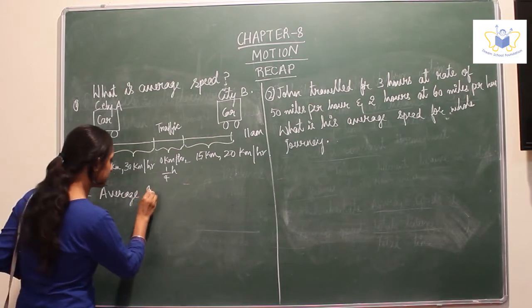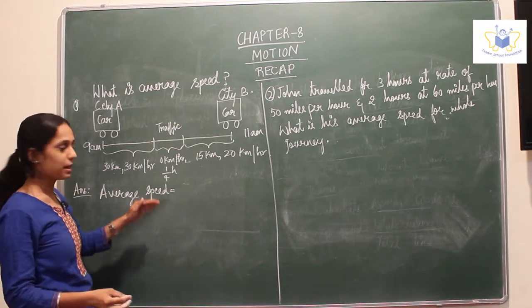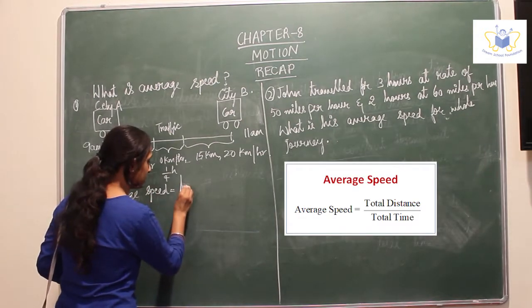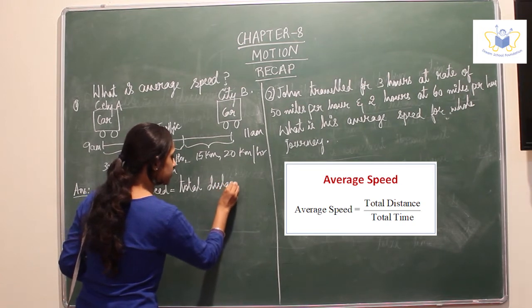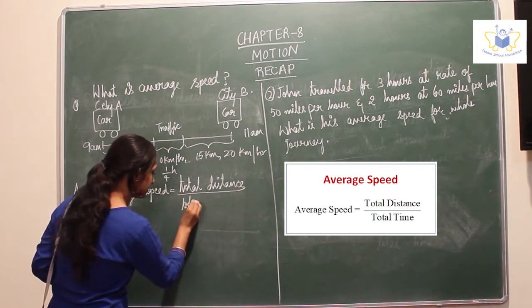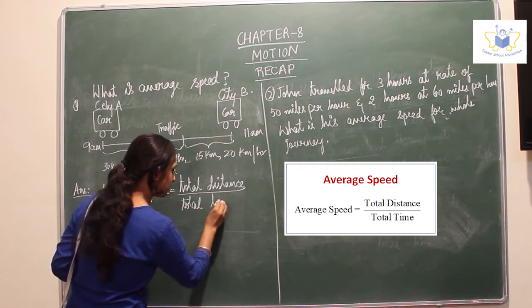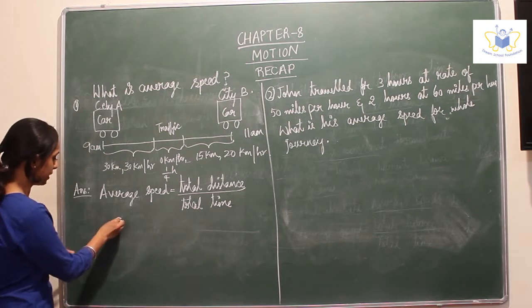Please recollect. Average speed, as I told you before, is total distance by total time. Correct? Now what is the total distance traveled?